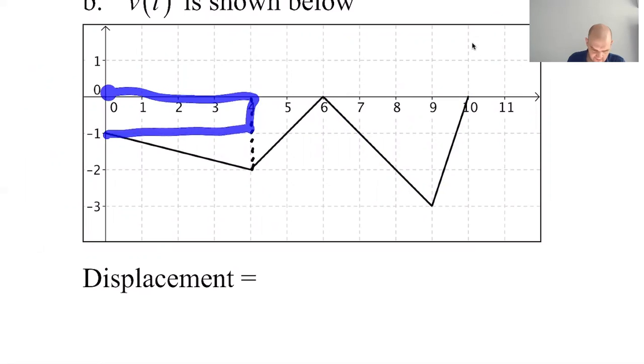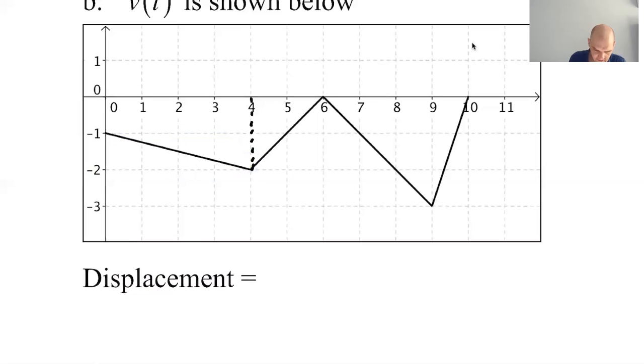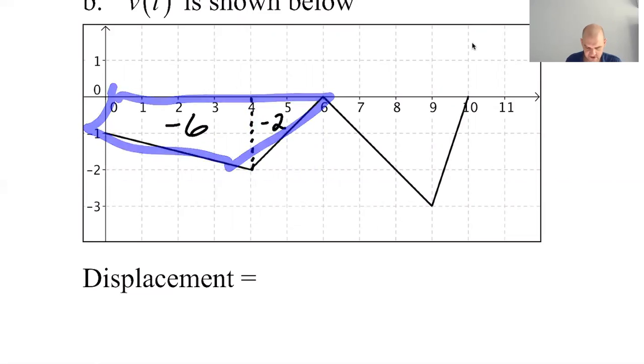4 by -1. You can do it all positive and just make it negative at the end is one option, but 4 times -1 is -4, and then half of -4 is -2. So this overall is -6. You'll notice I'm mostly doing rectangles and halving them instead of thinking about triangles at all, which, I don't know, do what you want to do. This is half of -4, so -2. This was not a triangle, so I couldn't deal with that as a triangle.